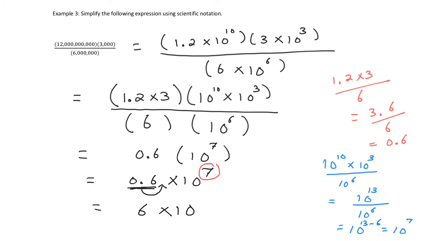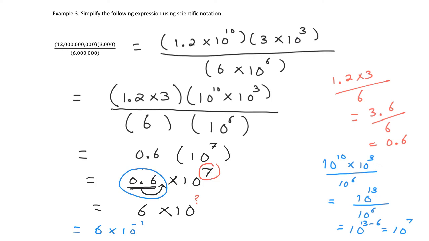So to figure this out, I think I'll add an extra step. What does this exponent have to be? My approach is going to be to write 0.6 as 6 times 10 to the negative 1. So I'm just replacing this portion here with what it is in scientific notation. 10 to the negative 1 means you take 6 and you go one place to the left.